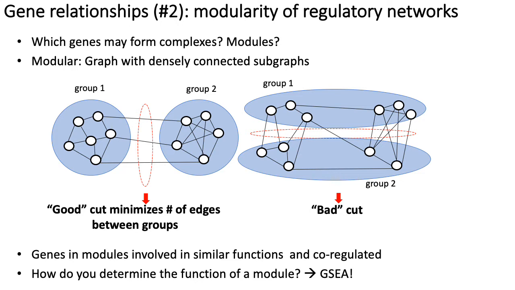Finally, in regulatory networks derived by, for example, ChIP-seq, modules in a graph will tend to correspond to genes that are co-regulated. So they're bound by the same set of transcription factors. So your module in a regulatory network might be composed of both the transcription factors that regulate a target set of genes as well as the target genes themselves.